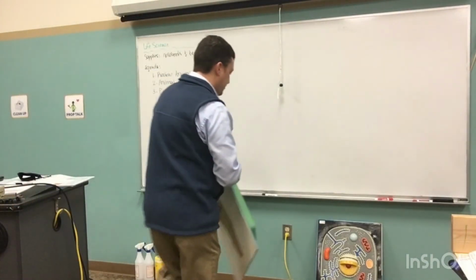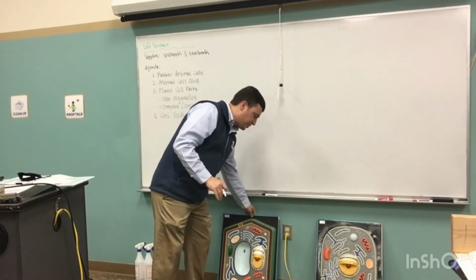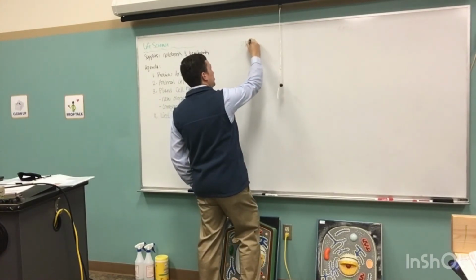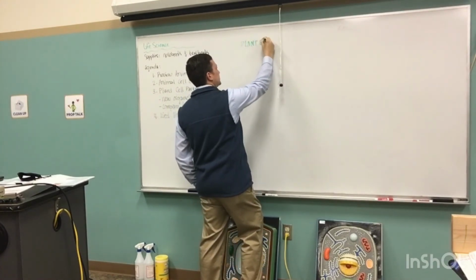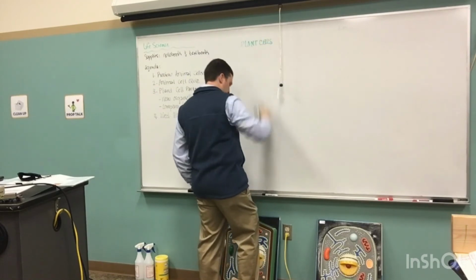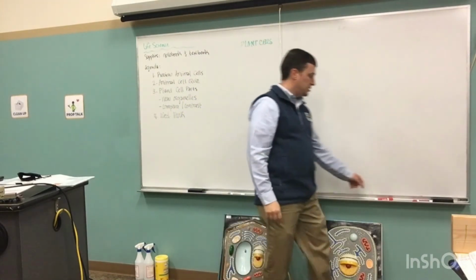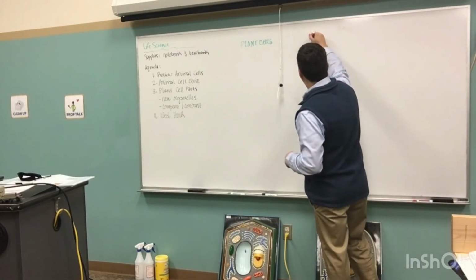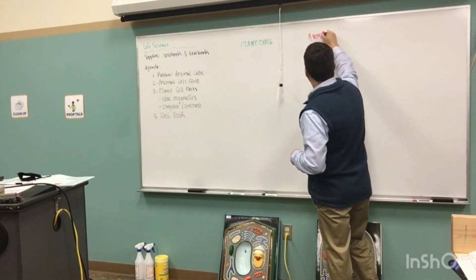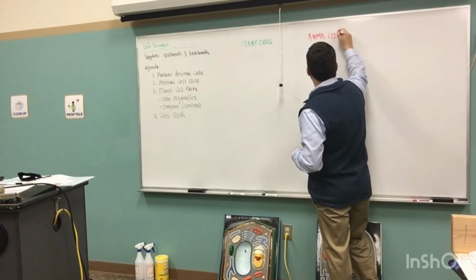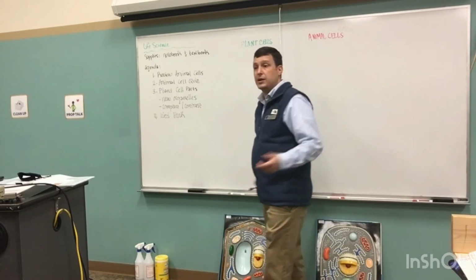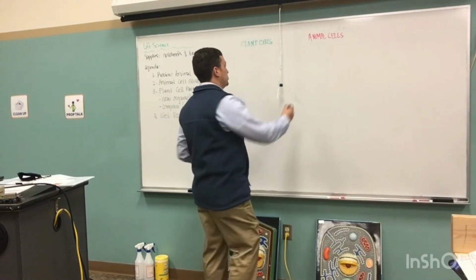All right, so let's make a Venn diagram of science in our notebook. We're going to make one side about plant cells. We're going to make the other side about animal cells. And then, of course, the middle is how they are alike, right? So how are the two alike?